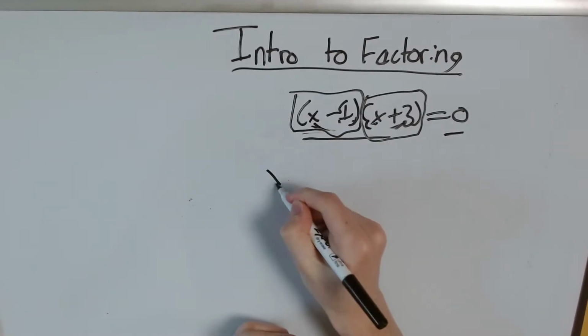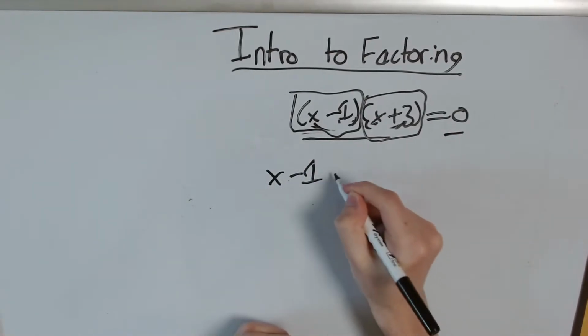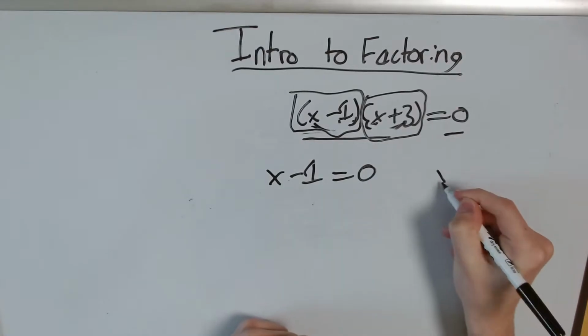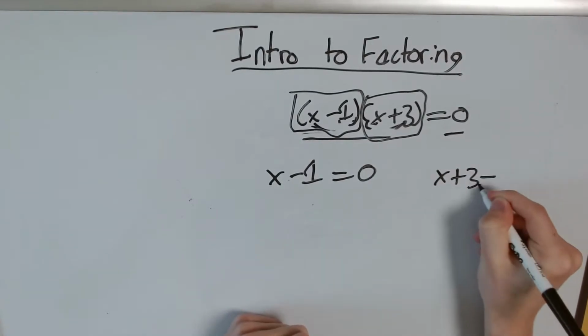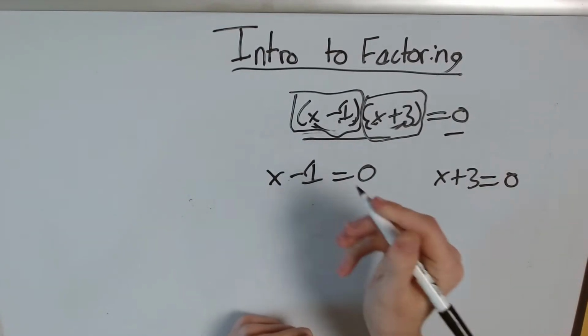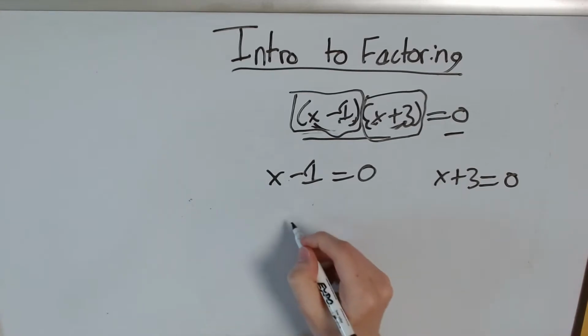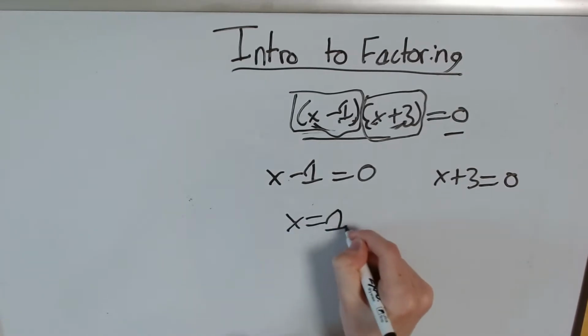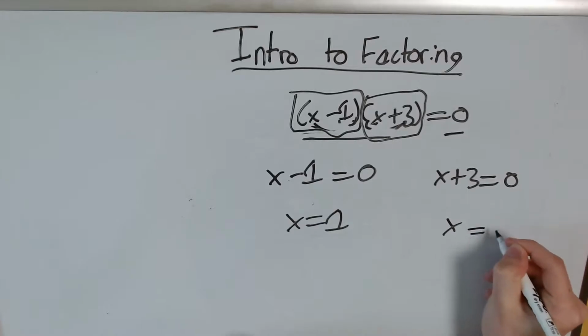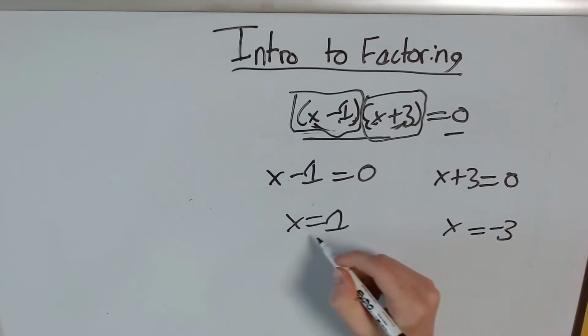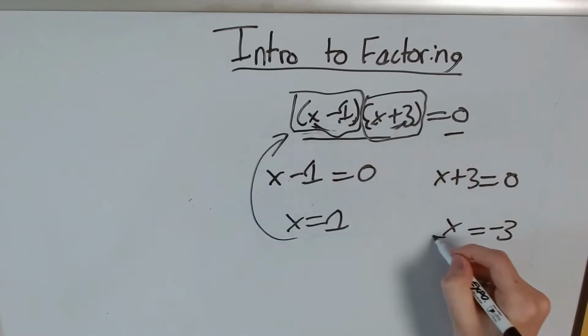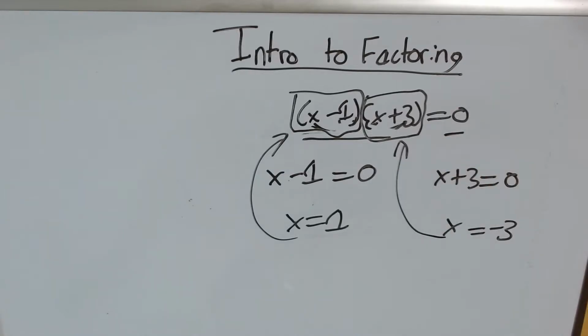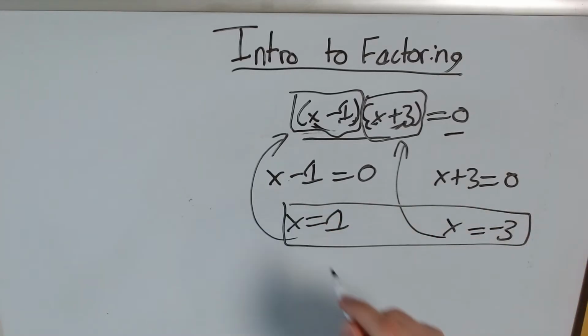So x minus 1 can be 0, or x plus 3 can be 0. And if I solve that to get x by itself, I have x equals 1 and x equals negative 3. So if I put x equals 1 or x equals negative 3 into the equation, I will get 0 equals 0. So they're both solutions. They're both answers to the equation.